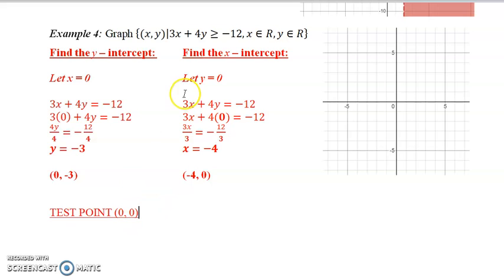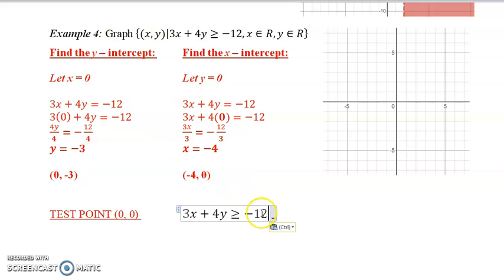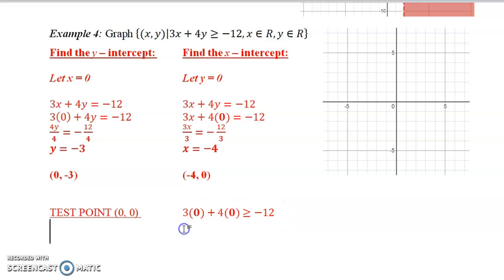So we take the original inequality and put in 0 for both. 0 plus 0 is 0. 0 is greater than or equal to negative 12, so this is true.